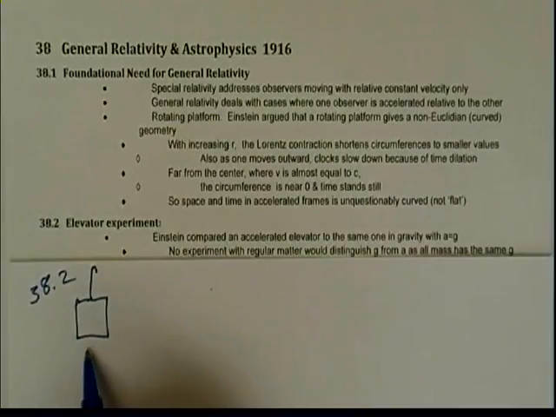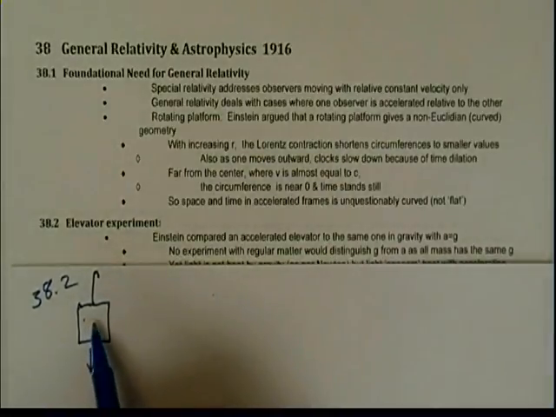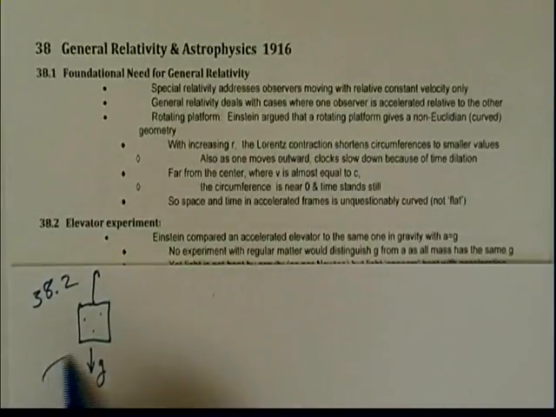One where it's just sitting here, and we feel the force of gravity, or the acceleration due to gravity, pulling it down. As you know, every mass, no matter what it is inside this elevator, falls with the same acceleration inside this box, which is not moving, simply due to the Earth's gravity. Here we can imagine the Earth.